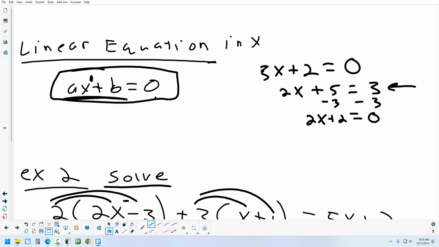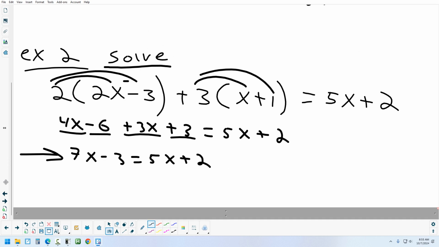It's not necessarily how you solve it. But that's just what a linear equation looks like. To solve it, let's put all the x's on the left and let's put all the numbers on the right. We already said it's linear because there's no exponents other than a 1. So we already know that.